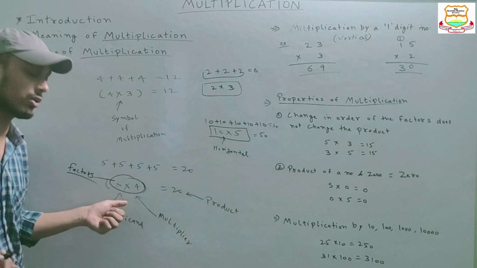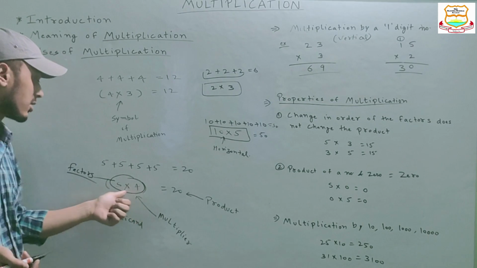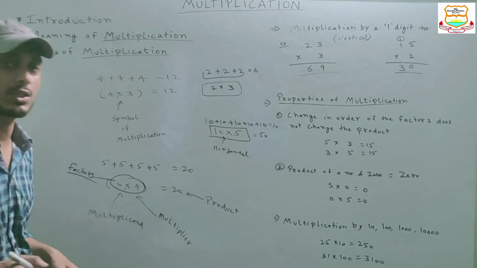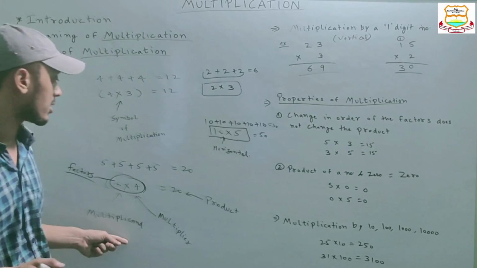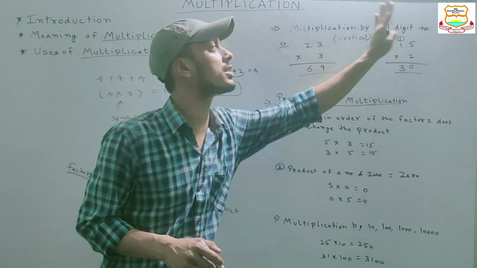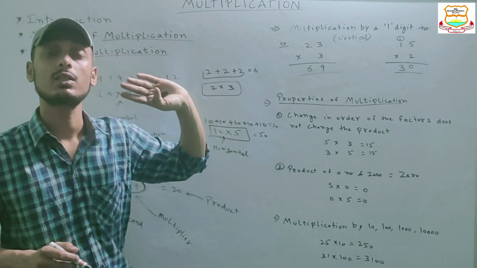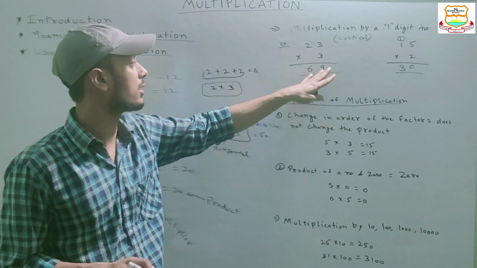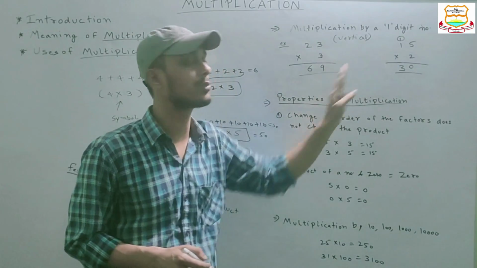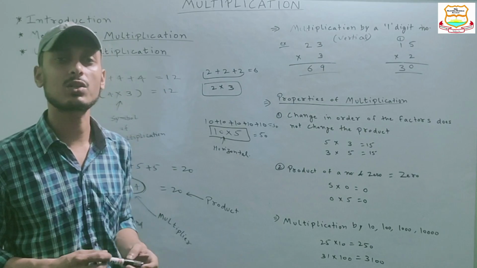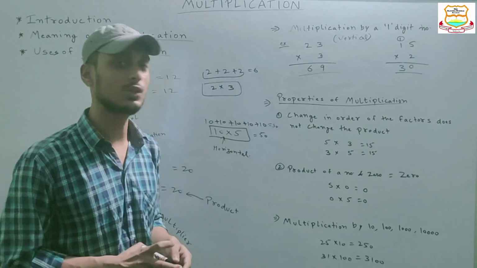Maybe in higher classes you will learn more about factors. 5 is a factor and 4 is also a factor of the product. After that, we learned about multiplication by a one digit number, or single digit number, and I explained by solving two examples how to multiply, what is the rule, and that was so simple. I hope you understood it.